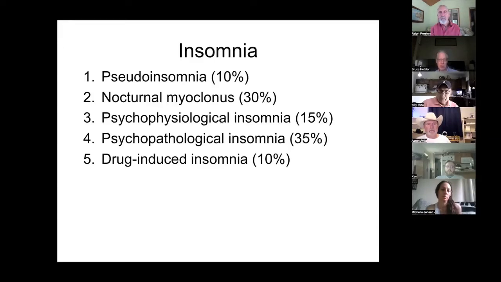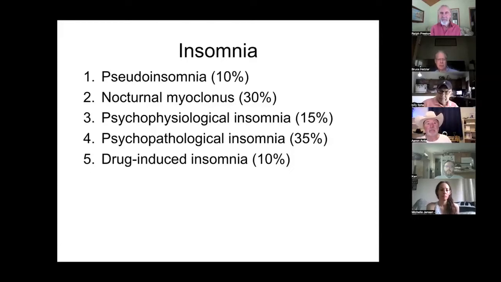And when asked in the morning, they say they weren't sleeping, but the sleep record shows that they were. When asked what they were dreaming, it turns out they dream that they're lying in bed awake trying to sleep. So showing them their sleep record shows them that they were sleeping, and that typically is all that's needed to get them to accept the fact that they're sleeping and they're dreaming.